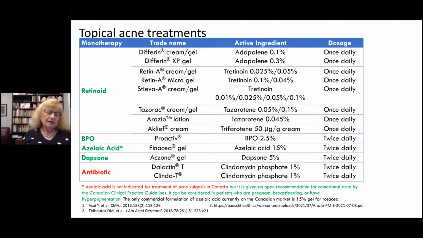We also have various formulations of benzoyl peroxide. Azelaic acid is considered off use, as I mentioned before. We have the topical dapsone, and I would urge you not to consider using Dalacin T and Clinda T because they are monotherapy and associated with antibiotic resistance.